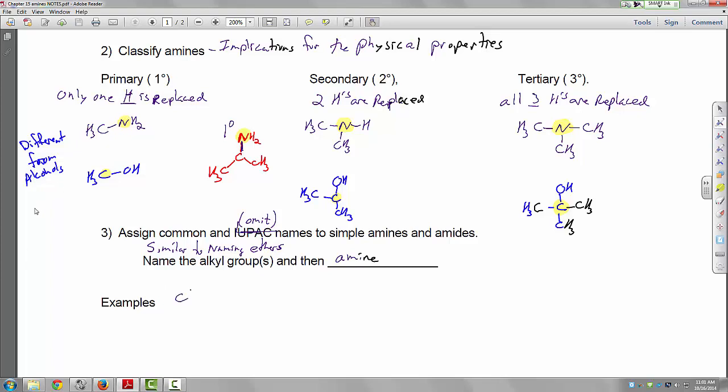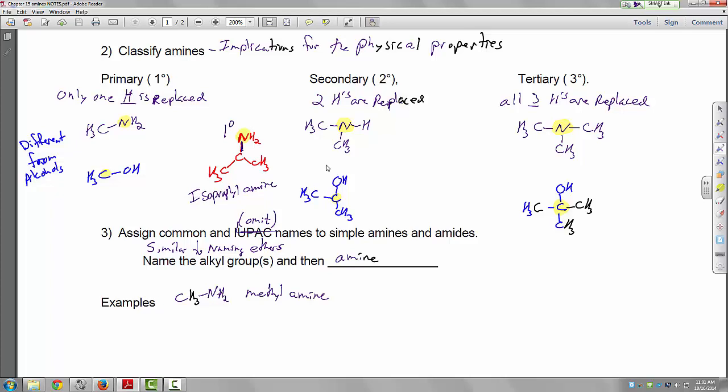So this is methylamine. Okay. This is likewise a primary amine. We only have one alkyl group. It happens to be an isopropyl group, so I'll just write the name up here. This is isopropylamine.